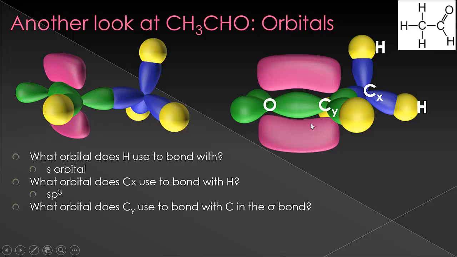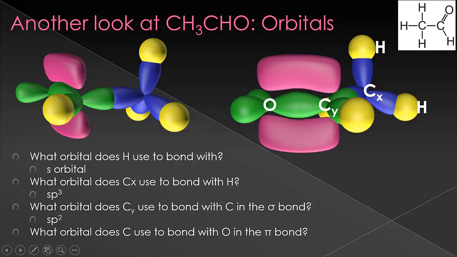Now what about the CY? This one, the one bonded to the oxygen, was sp2 hybridized, and so it's going to use its sp2 orbitals to form each of the sigma bonds, to this carbon and this hydrogen and this oxygen.